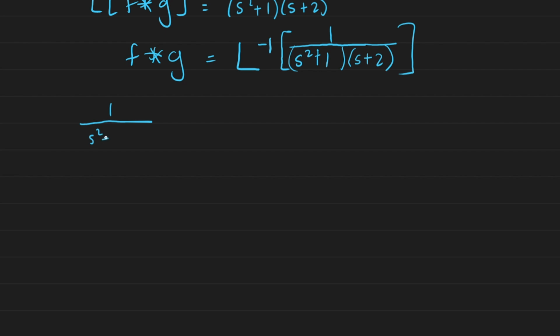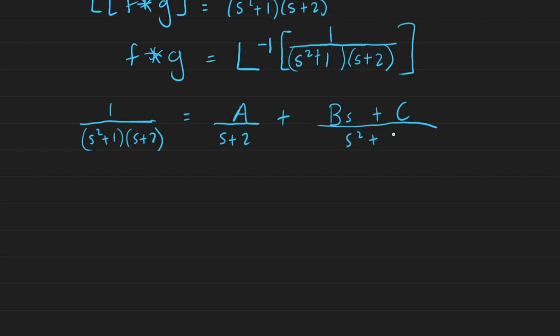s squared plus 1 times s plus 2, and then we say that this is equal to, when we break it apart, a over s plus 2, plus bs plus c, where these a, b, and c are coefficients we have to determine, divided by s squared plus 1. And then we multiply both sides by the denominator on the left.